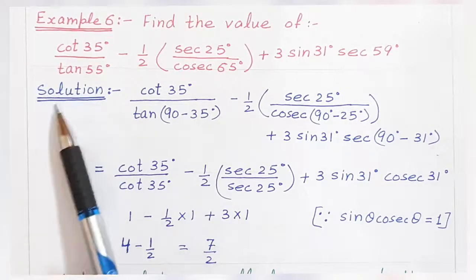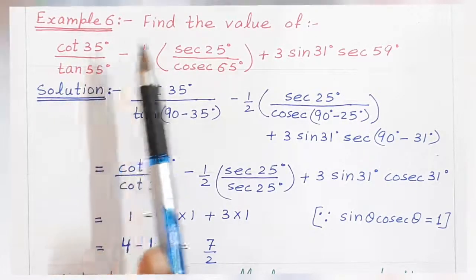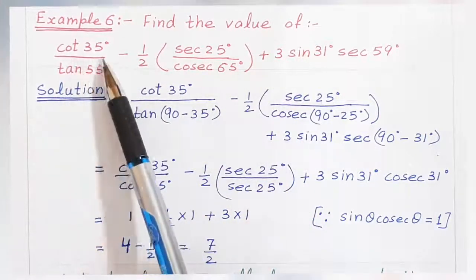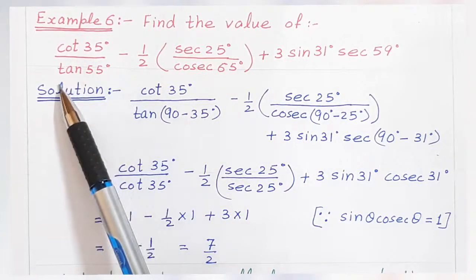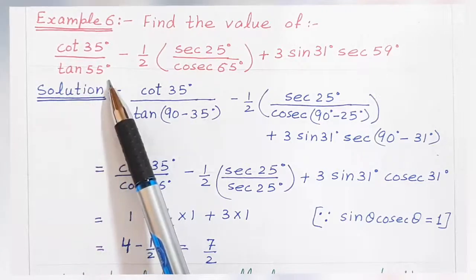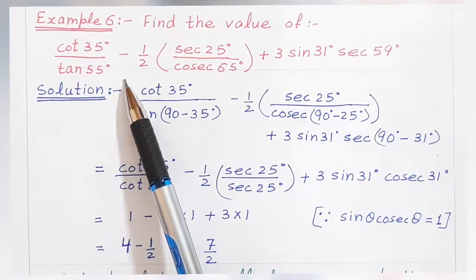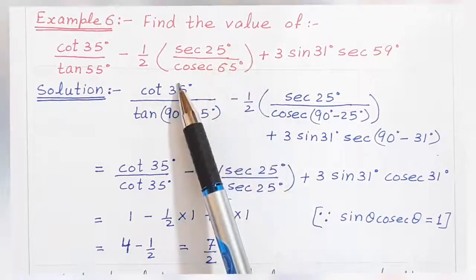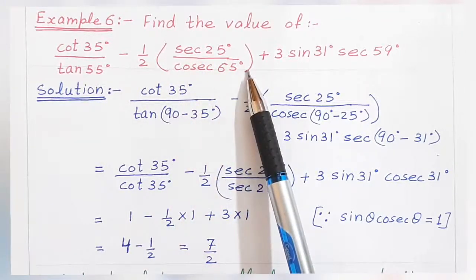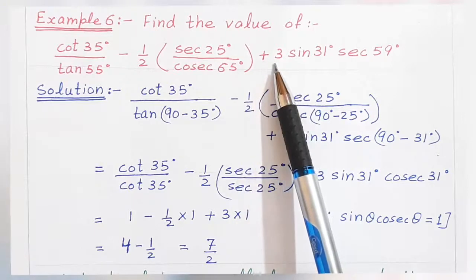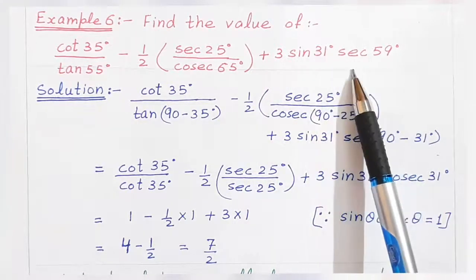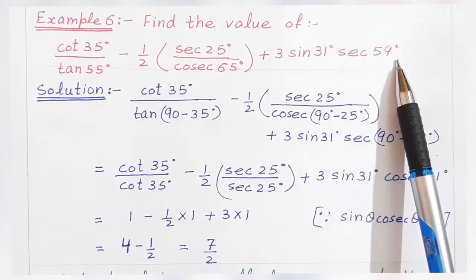Now, let us discuss the next example. Find the value of cot 35 degree upon tangent 55 degree minus half secant 25 degree upon cosecant 65 degree plus 3 sin 31 degree secant 59 degree.